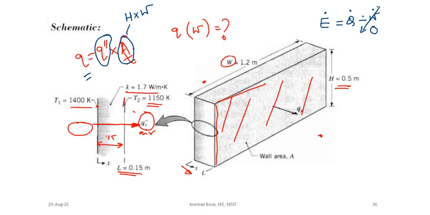Okay, and if you show what is the system or the control volume here, so this is the control volume, and what kind of heat interaction is there.